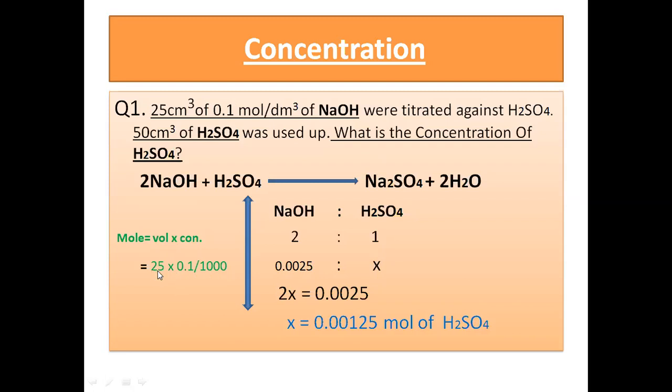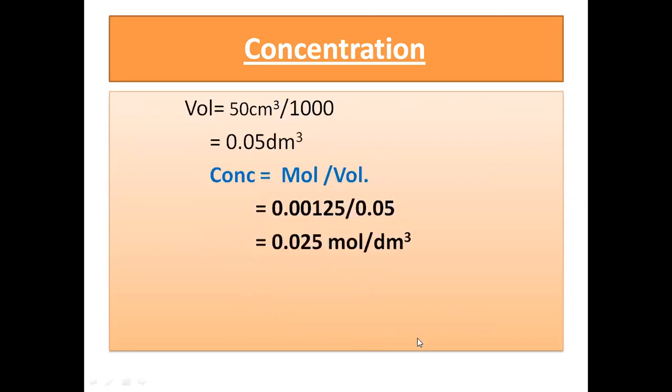After calculation, we have 0.0025 moles of sodium hydroxide. Now cross multiply the values. 2x is equal to 0.0025 and x is equal to 0.00125 moles of sulfuric acid.